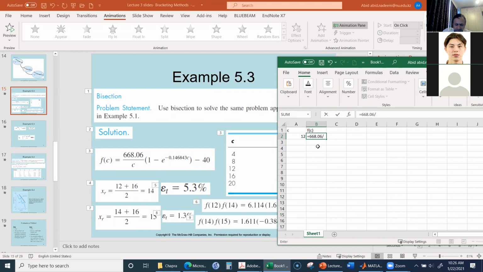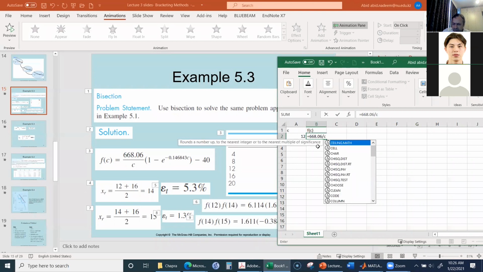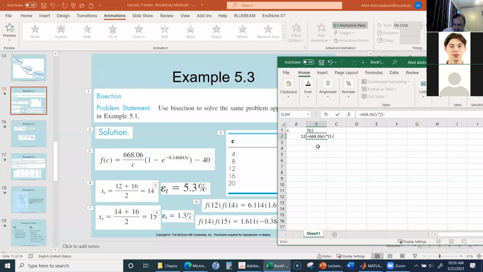So it is 668.06 divided by C, multiplied by 1 minus exponent of minus 0.146843 times C, and then minus 40.